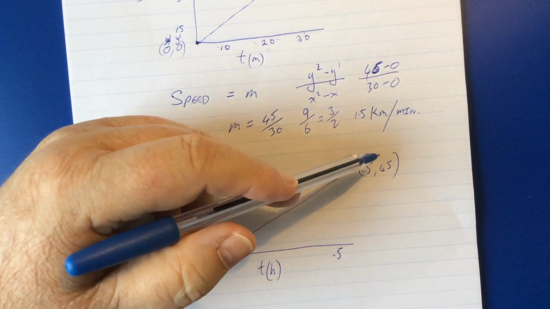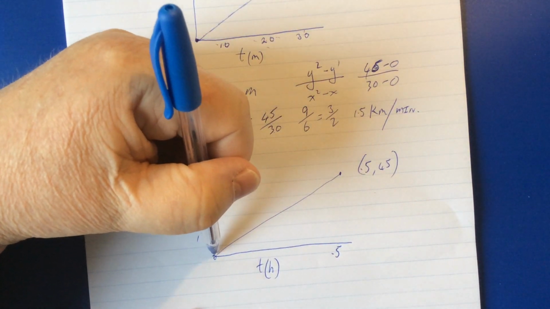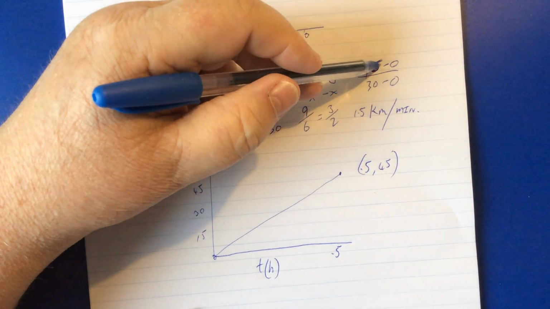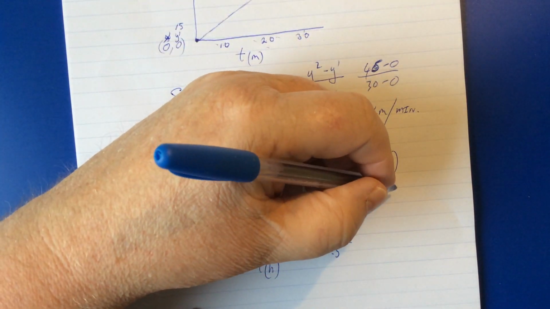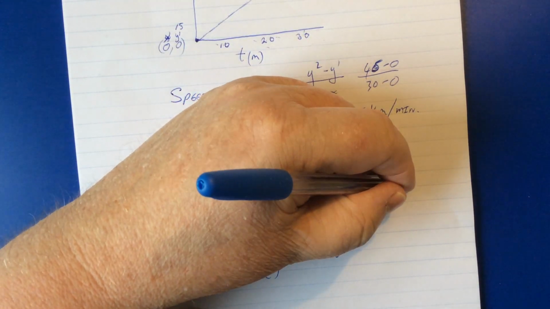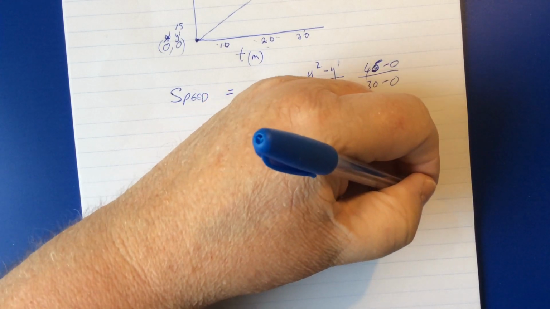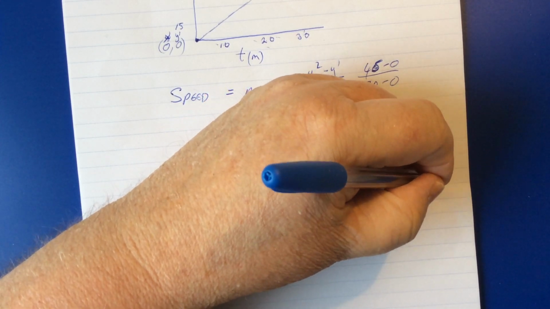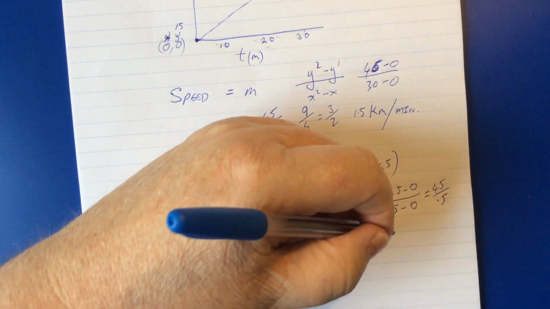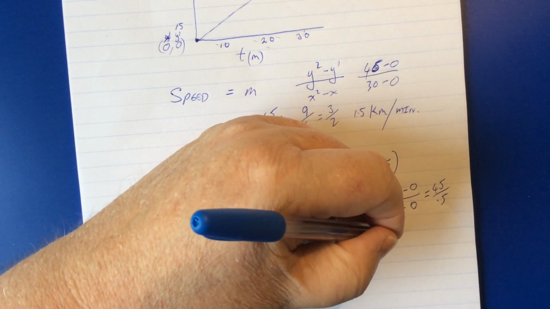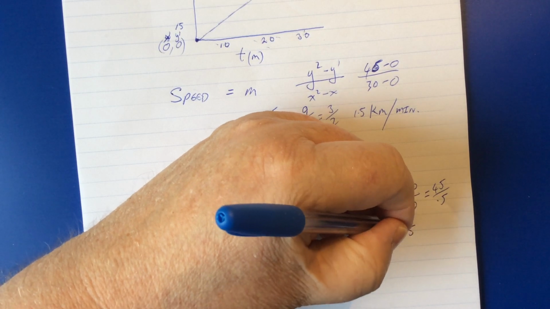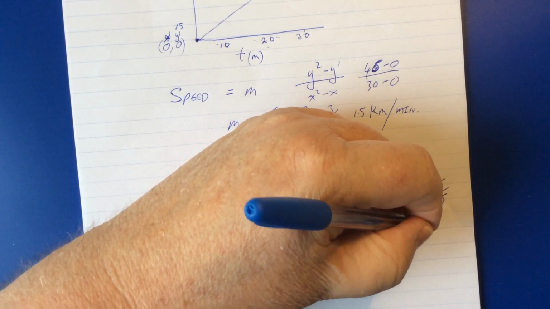And if we just do this quickly, given that these are 0, you can see the equation here. We're just going to change these numbers. It's going to be 45 minus 0 over 0.5 minus 0. That equals 45 over 0.5. 45 divided by 0.5 is equal to 90.